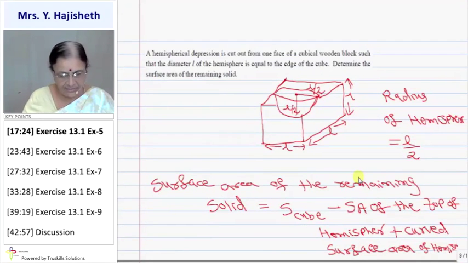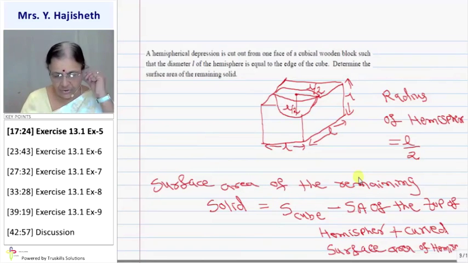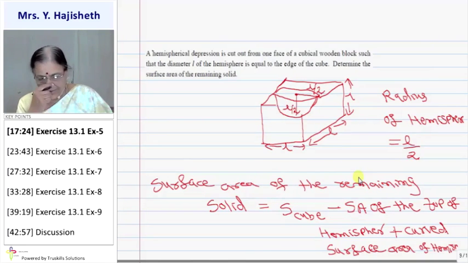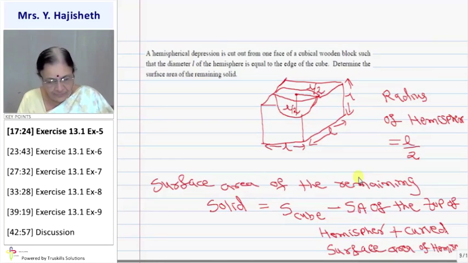Now here the sum is very similar to sum number 4. Here a hemispherical depression is cut out from one face of a cubical wooden block such that the diameter L of the hemisphere is equal to the edge of the cube. Carbon copy same.